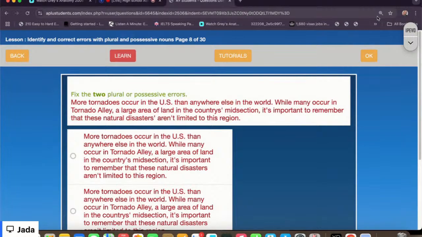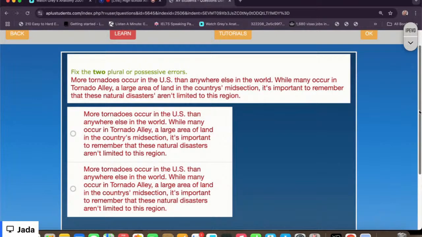So we have more tornadoes occur in the US than anywhere else in the world. While many occur in the tornado alley, a large area of land in the country's midsection, it is important to remember that these natural disasters aren't limited to this region. So two. So we have natural disaster.